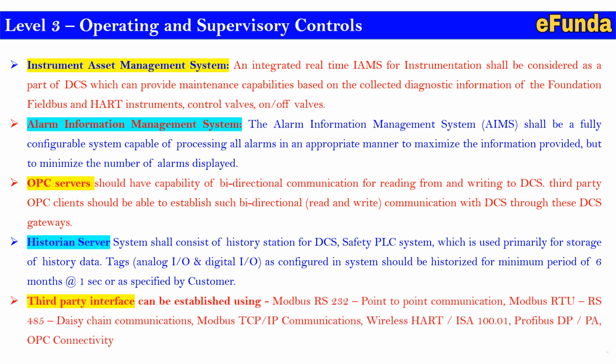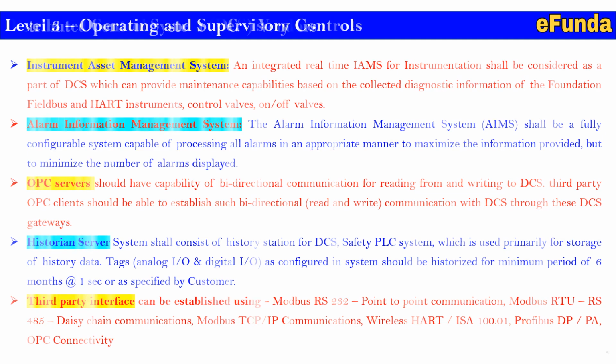Third party interface can be established using Modbus RS-232 point-to-point communication, Modbus RTU, that is RS-485 daisy chain communication, Modbus TCP/IP communication, wireless HART, ISA 100.11a, Profibus DP/PA, OPC connectivity, etc.